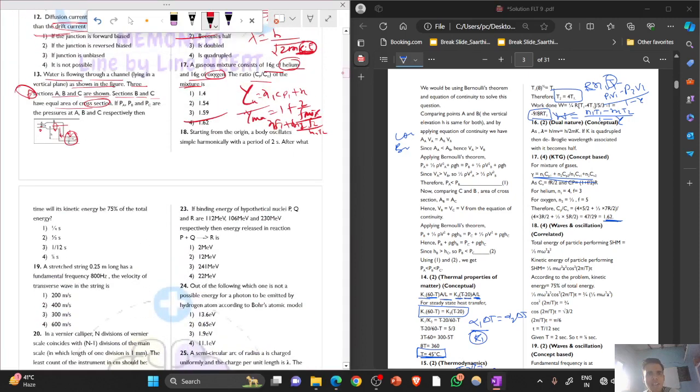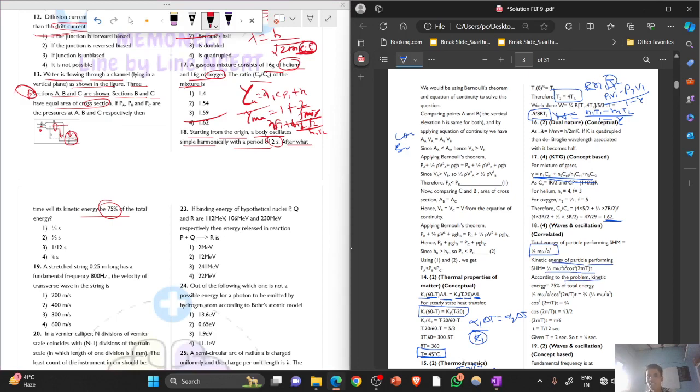Moving ahead, starting from the origin, a body oscillates simple harmonically with a given time period. After some time, find the kinetic energy. It is an energy-based question for simple harmonic motion. You know the total energy of the particle always remains the same in SHM. That will be half m omega squared A squared. The kinetic energy of the particle you will calculate in this way according to the problem.